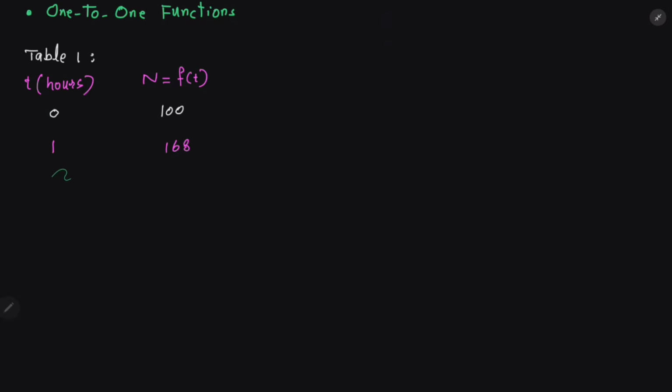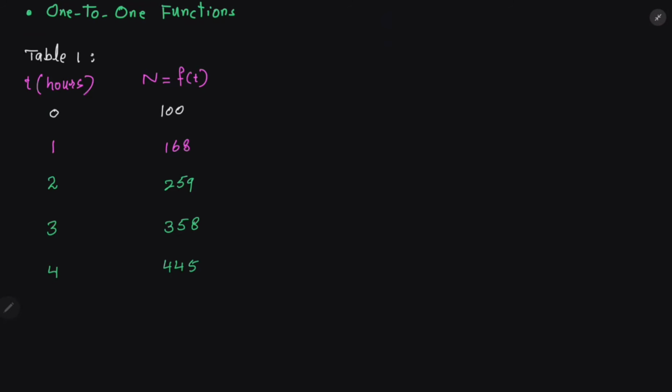Similarly, if we continue like that, when the biologist find out the population at t equal to 2 hours, then we have 259 bacteria. For time 3 we have 358, and for time 4 we have, for example, 445.